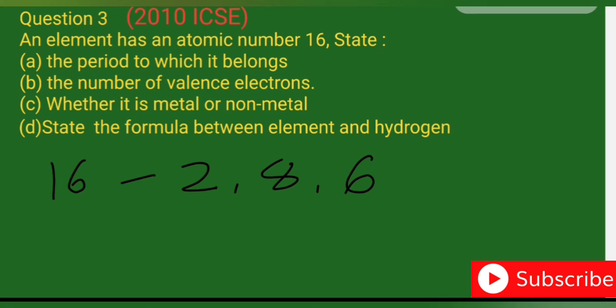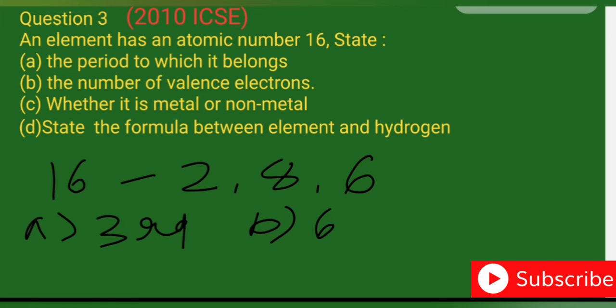Which period does it belong to? How many shells are there? 3. So the bit A, it belongs to the third period. Now the number of valence electrons you can see easily from the electronic configuration, that is the 6 is the number of valence electrons. Whether it is a metal or a non-metal: when the outermost electron is 6, of course it is a non-metal.